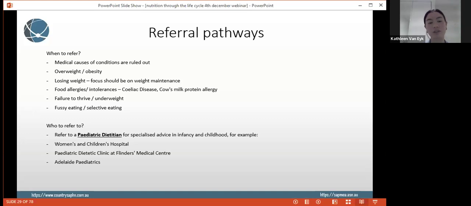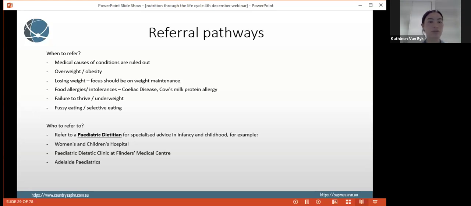There's a paediatric clinic at Flinders Medical Centre or Adelaide Paediatrics, or chatting to the GP to see where they would recommend, especially for those children who have specific allergies or intolerances, like cow's milk protein allergy, for example, or failure to thrive as a small child or an infant. Fussy eating and selective eating.